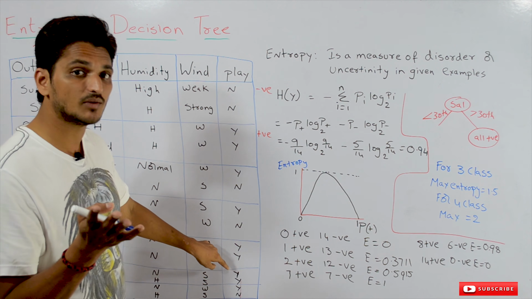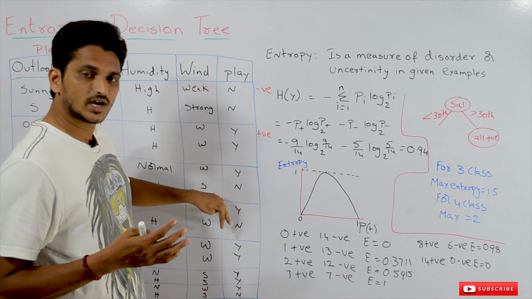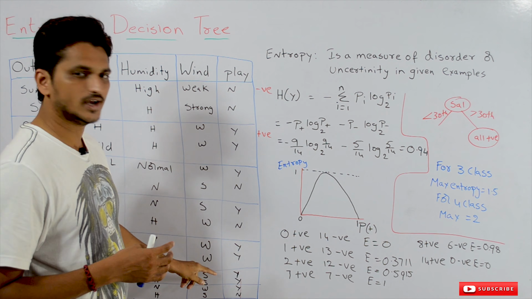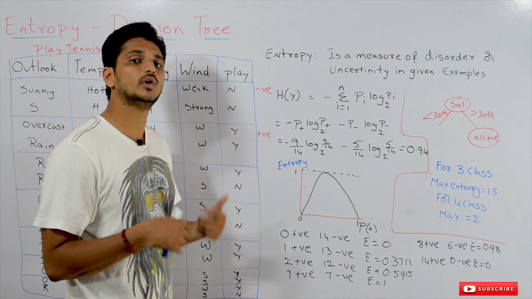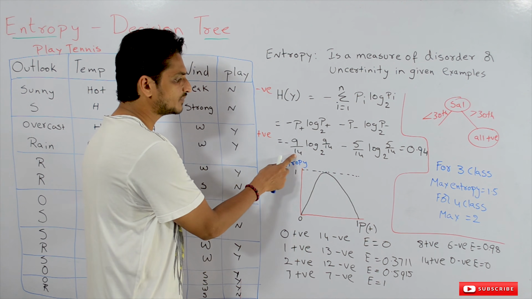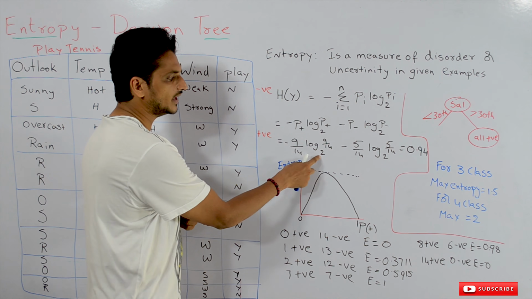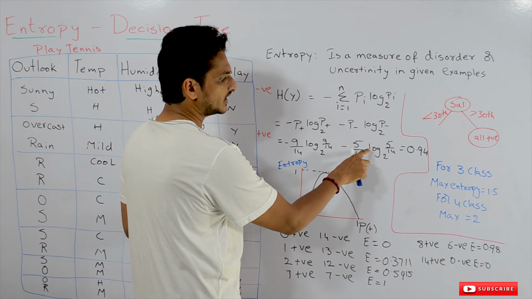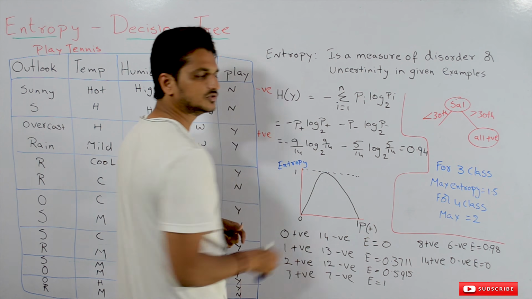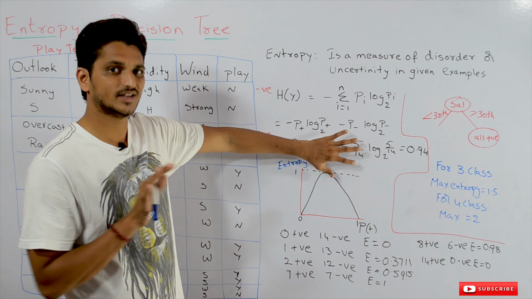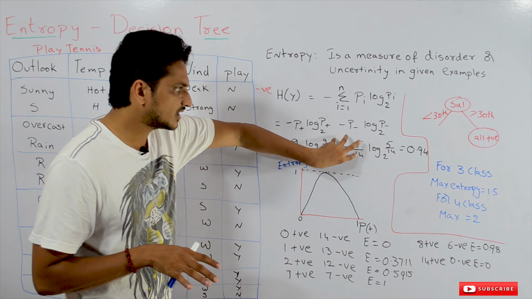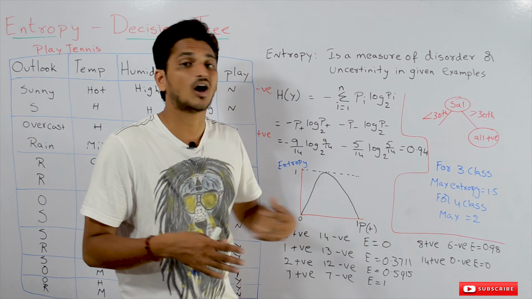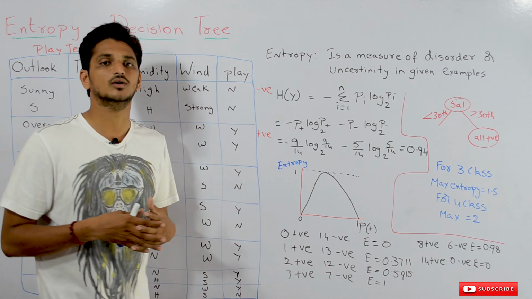We have 14 data points, of which 5 are negative and 9 are positive. So it is minus 9 by 14 log 9 by 14 base 2, minus 5 by 14 log 5 by 14 base 2. We are not doing the calculation here, but if you calculate this, the value we get is 0.94. This is how we calculate the entropy value.